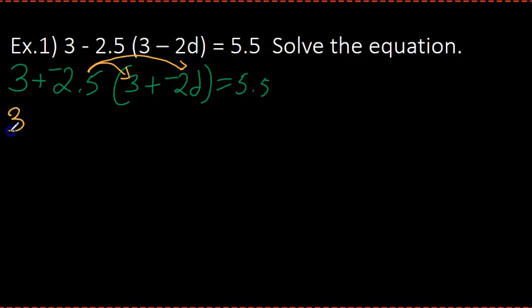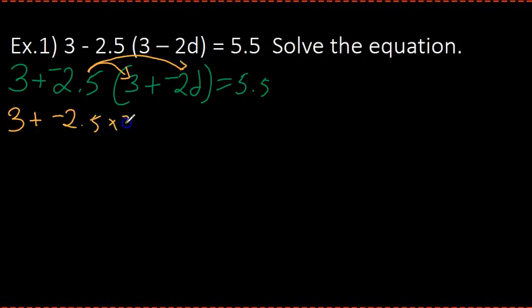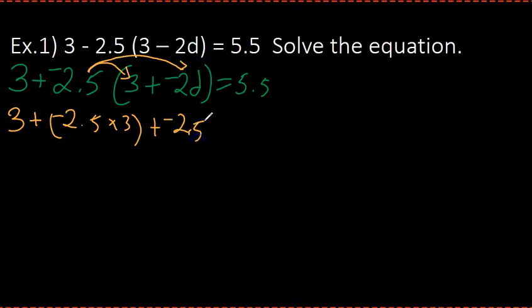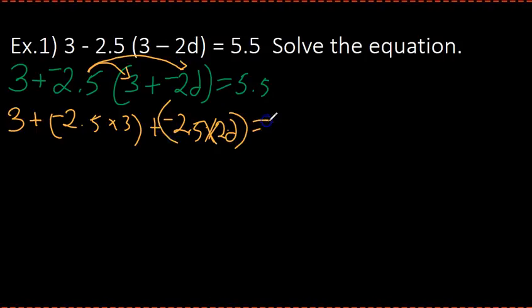So keep 3, plus distribute negative 2.5 times 3, plus negative 2.5 times 2d. And remember that 2d is 2 times d as well. Equals 5.5.